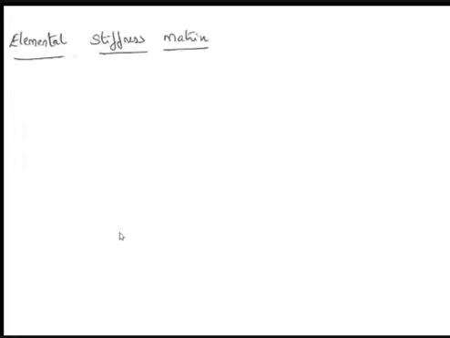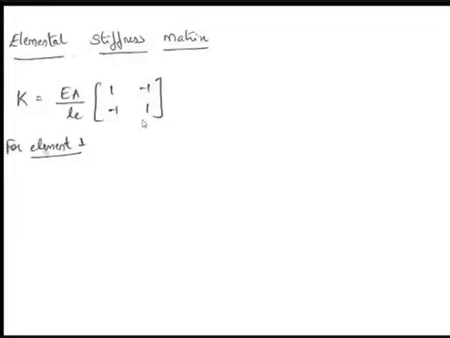So now find out the elemental stiffness matrix. You know elemental stiffness matrix is given by K is equal to EA by L times [1 -1; -1 1]. So for element 1, K is equal to EA, your length is nothing but L by 2 in this case.